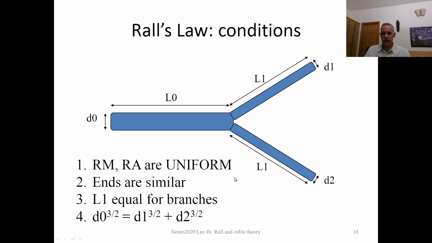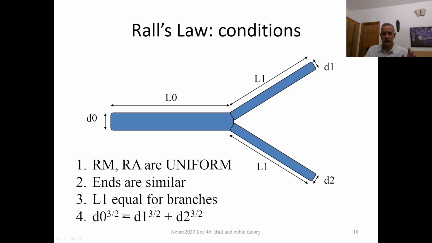Condition 3 is, as I said, that the electrotonic lengths of the 2 branches should be the same, L1 and L1. That we'll come to in a bit. And finally, this is perhaps the crux point of it, which is telling us the relationship between the diameters. The parent diameter to the power of 3 by 2 should be equal to the sum of this diameter D1 to the power of 3 by 2 plus D2 to the power of 3 by 2.